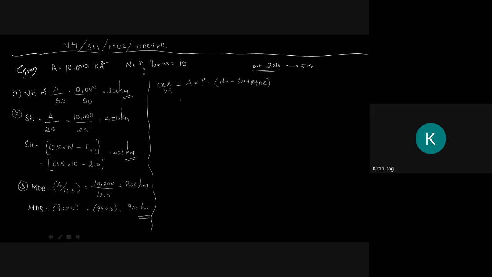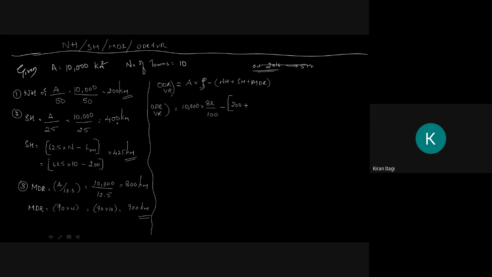So other district road and village road equals, area is how much? 10,000. Density is how much? According to the 20-year road plan, it is 82 upon 100, minus length of the national highway, how much? 200. Length of the state highway, how much?